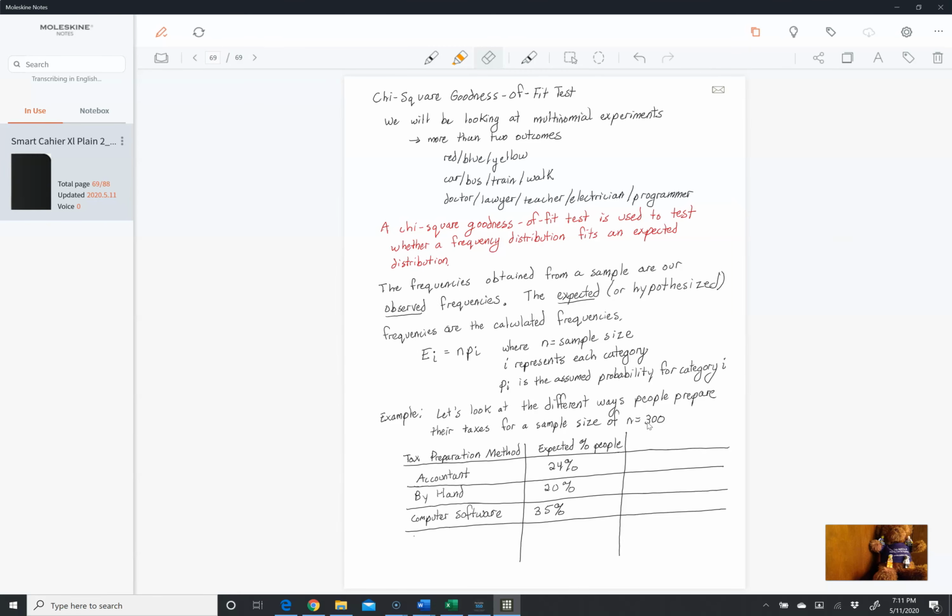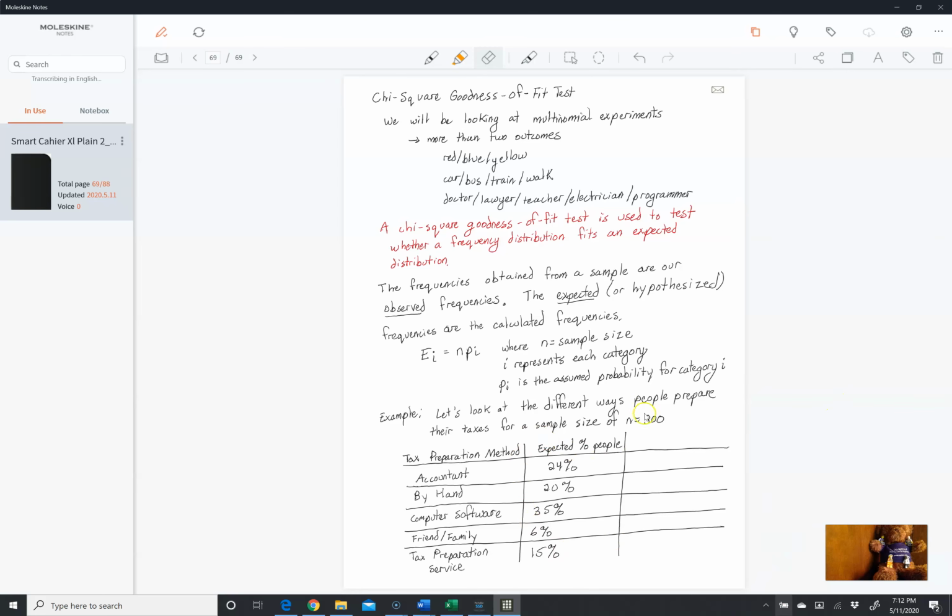We expect that 6% have a family member or a friend prepare their taxes. And we expect that 15% use some sort of tax preparation service. Maybe they go to H&R Block and they have somebody there do their taxes, okay?